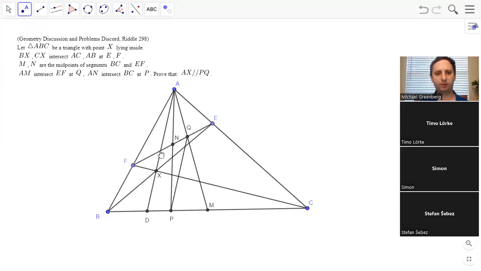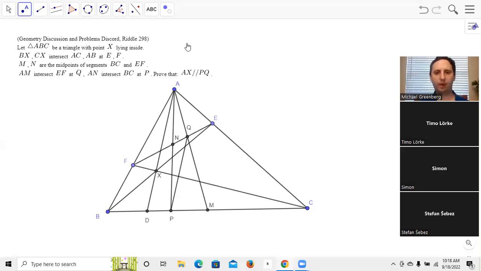But I mean, one way we could try to show it. So the thing is, we could try to show the cross ratio of AF, AX, AN, AE is AF, AB, AD, AP, AC, but that would kind of be ignoring point Q.